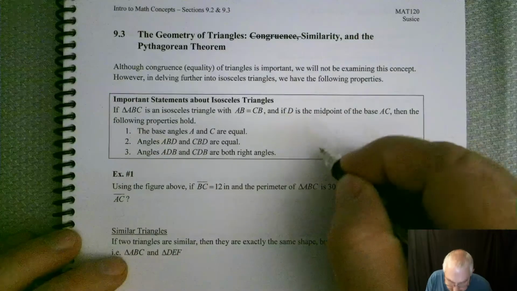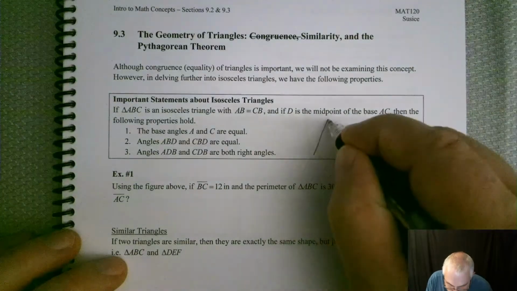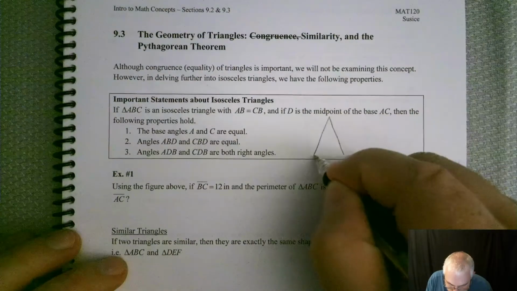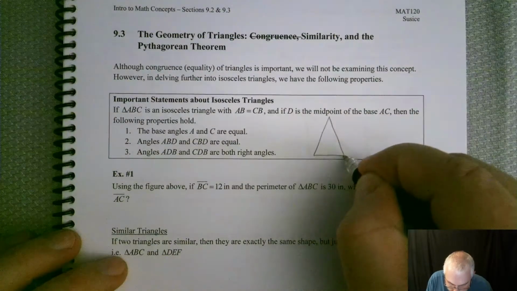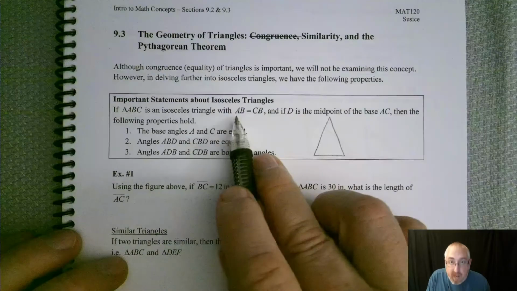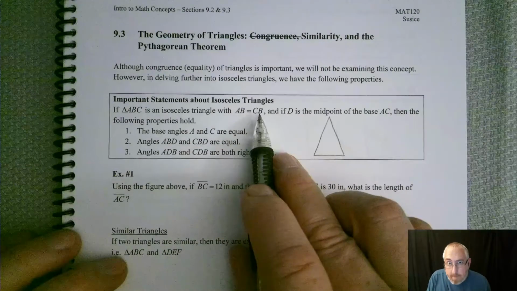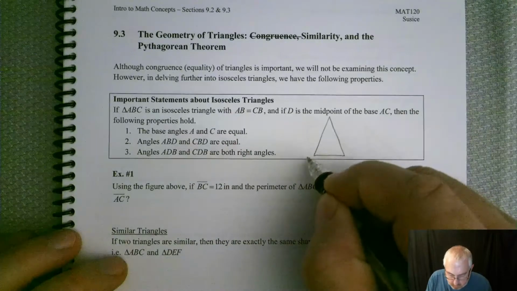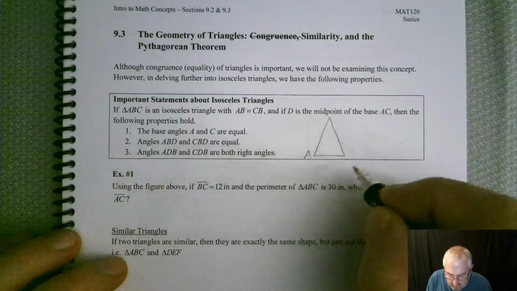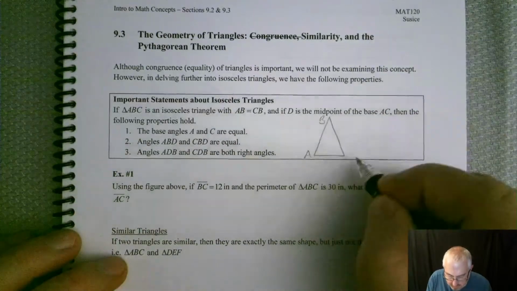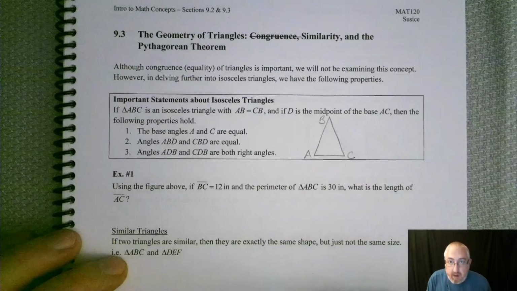Okay, so let's draw our isosceles triangle. Now AB is equal to CB. Well, if I put A here and B up there and C there, does that work?